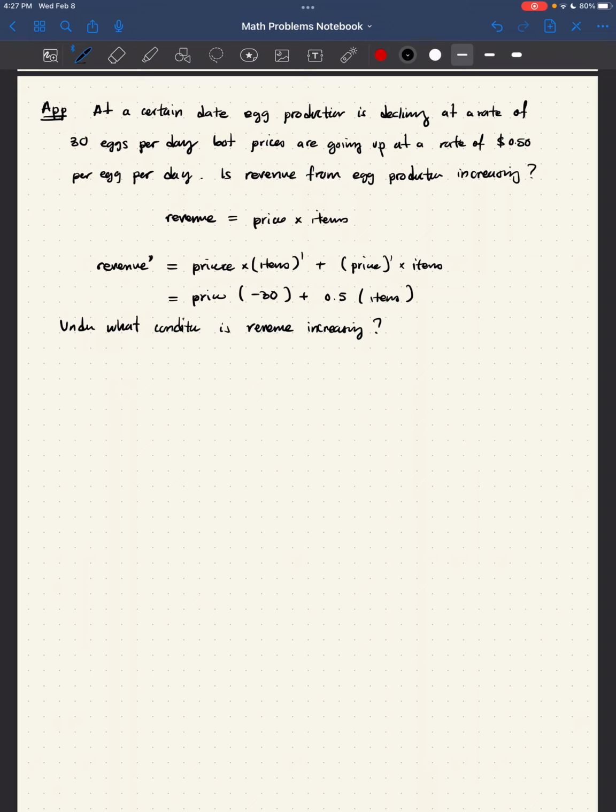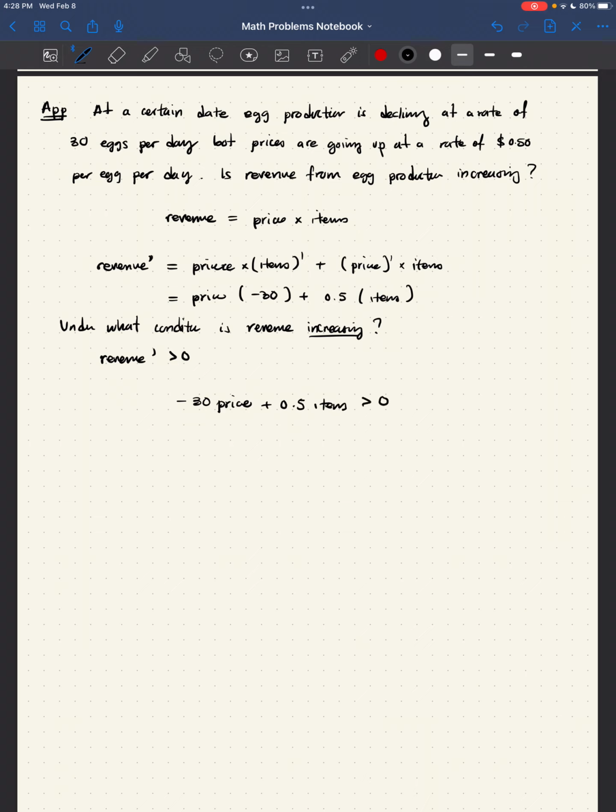Well, for that to happen, the derivative of revenue should be greater than 0, right? Meaning that the revenue is increasing. But what does it mean for us? We should have the following inequality: negative 30 times the price plus 0.5 times the number of items is greater than 0.